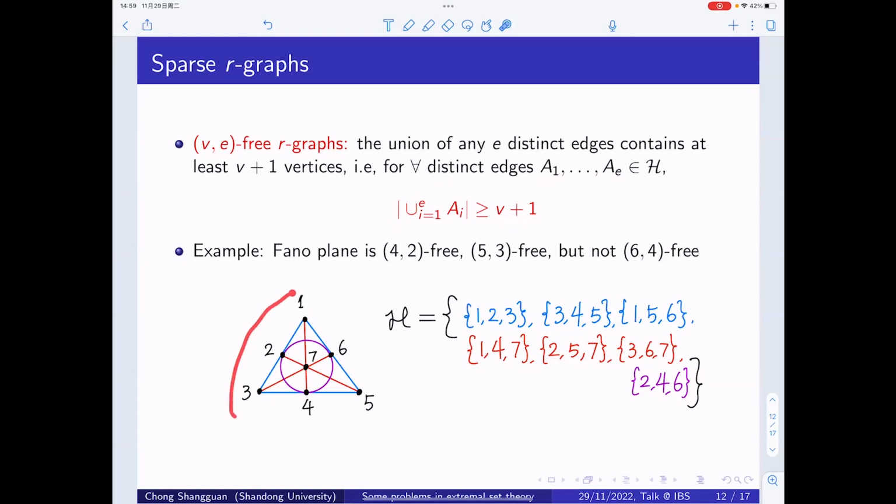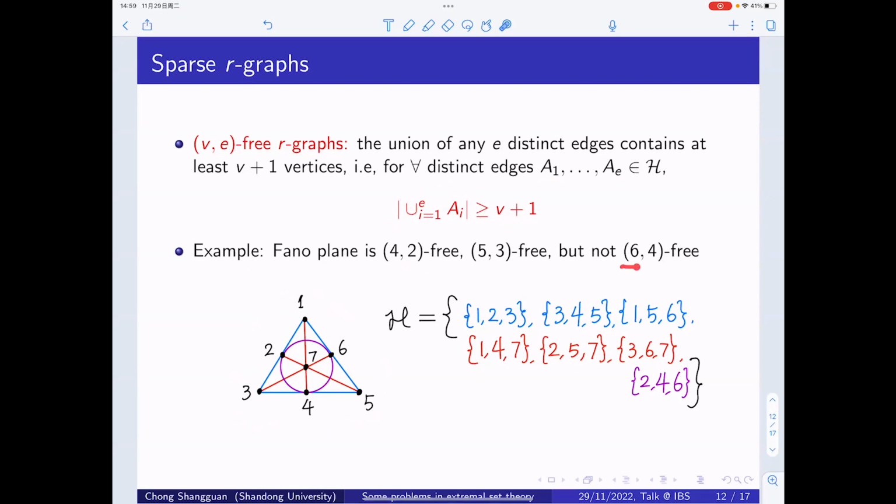Here is an example. This is the Fano plane, which is a 3-graph on 7 vertices and has 7 edges. This graph, the Fano plane, is (4,2,3)-free because the union of any 2 edges contains at least 5 vertices. It is also (5,3,3)-free because the union of any 3 edges contains at least 6 vertices.